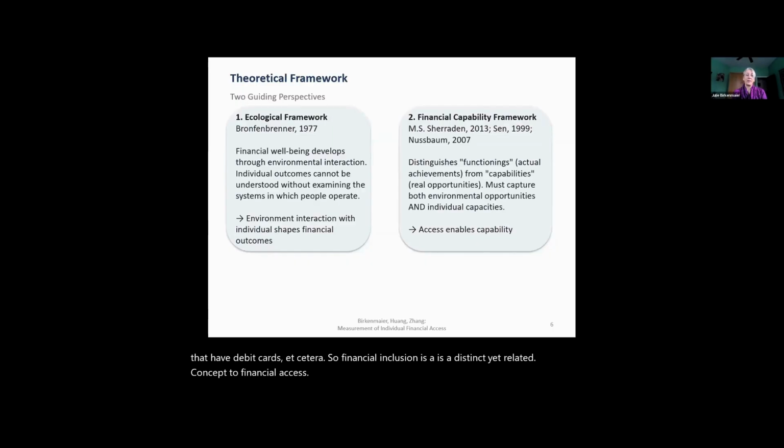2 guiding theories, perspectives really helped us with this project getting started. The first one is the ecological framework by Bronfenbrenner that describes how financial well-being can develop through environmental interaction, that individual outcomes in terms of capability and well-being cannot be understood without examining the systems in which people are operating.